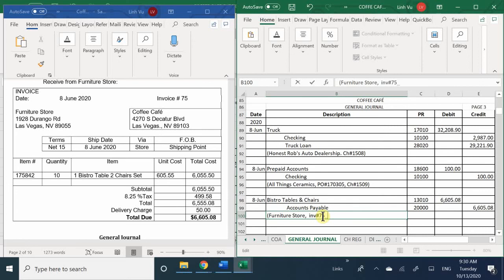Invoice number 75. Okay. Right. And if you want to put terms, you can put terms. I'll go ahead and do it for this scenario. So net 15 is going to be my terms.